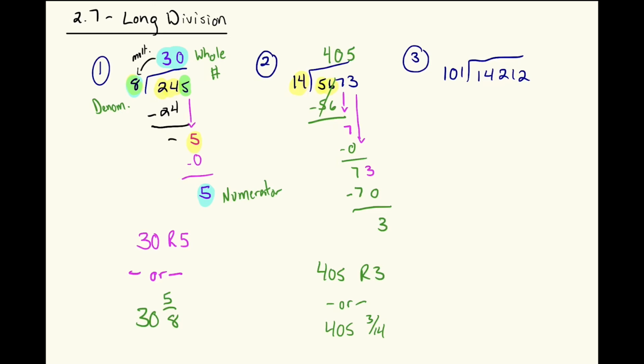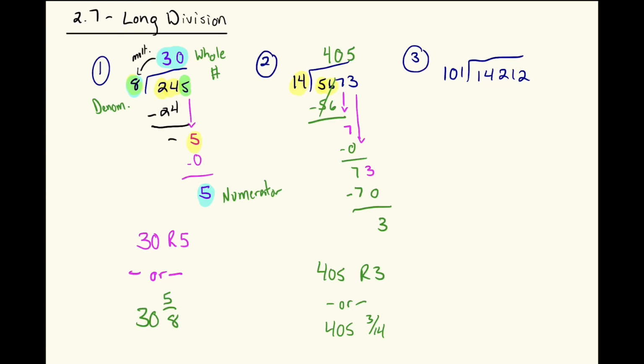We had to put the 0 in there as a placeholder because we're dealing with all of our levels of place value. So it's find how many times it goes in, multiply, subtract, and we just do that until we get to the very last number.